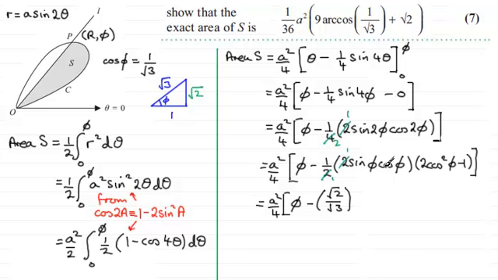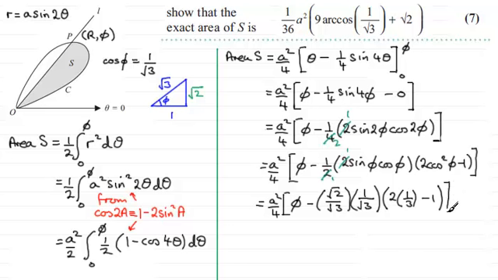And that's being multiplied with cos phi. Cos phi then is 1 over root 3. And then we multiply this with 2 times cos squared phi. So that's going to be 2 times the cos squared of phi. Cos of phi we know is 1 over root 3, so if you square that, that's going to be 1/3. And then we subtract that 1.